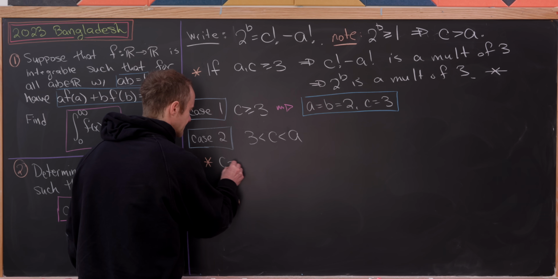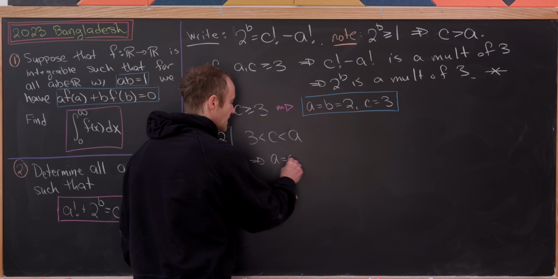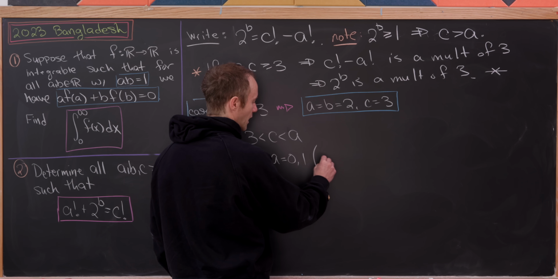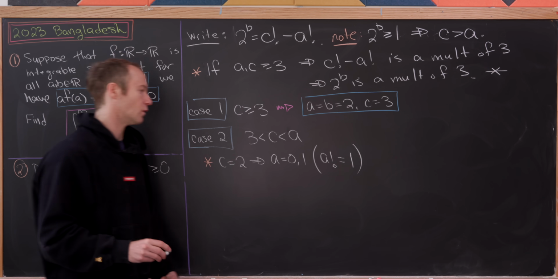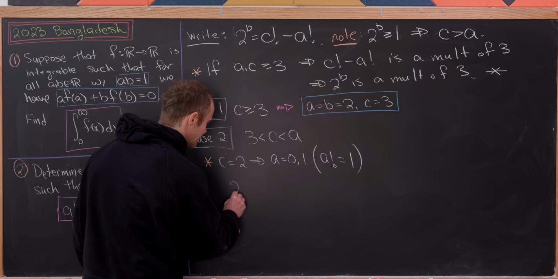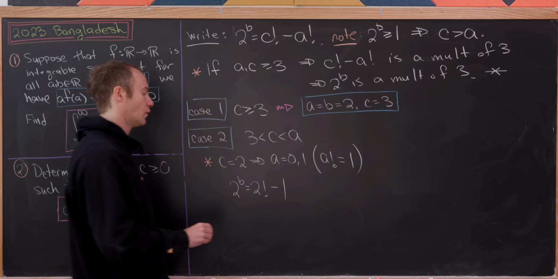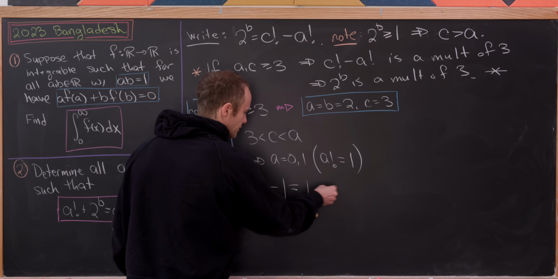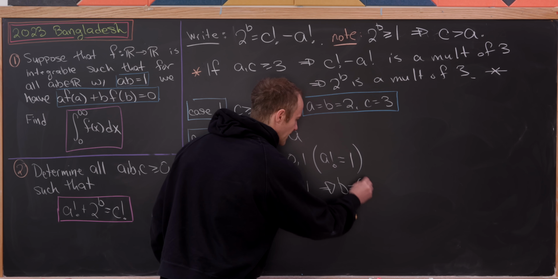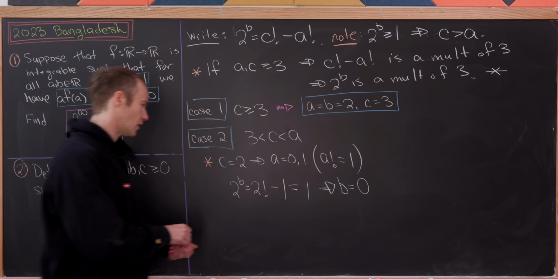So let's look at the case when C is equal to 2, which tells us that A could be equal to 0 or 1. But that means that A factorial is equal to 1. But that means we have 2 to the B is equal to 2 factorial minus 1. But 2 factorial is 2, so we have 2 minus 1, which is 1, which tells us that B is equal to 0, because 2 to the 0 is 1.